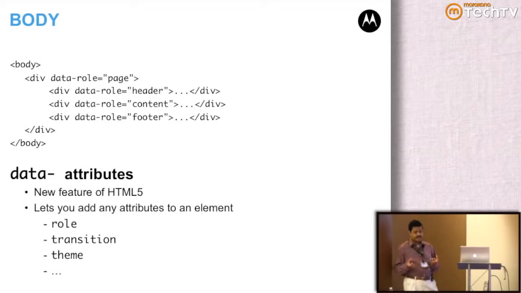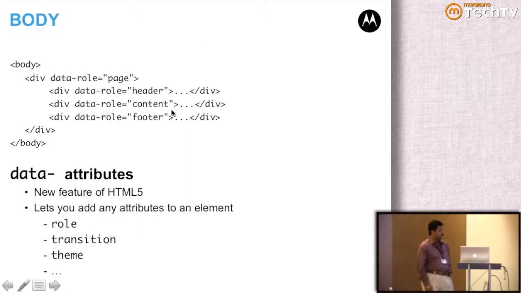We will talk about the data attributes in a second, but whenever you say data role equal to page, that means that is the container for the rest of your application to reside in. And within the page, really all you need is the content, and that is where you put your main application content. Header and footer are obviously optional, but it is helpful for navigation and informational purposes.